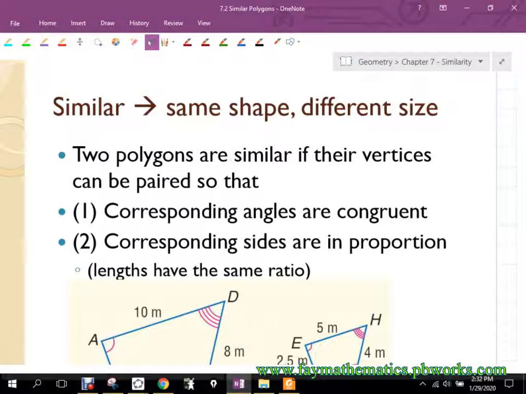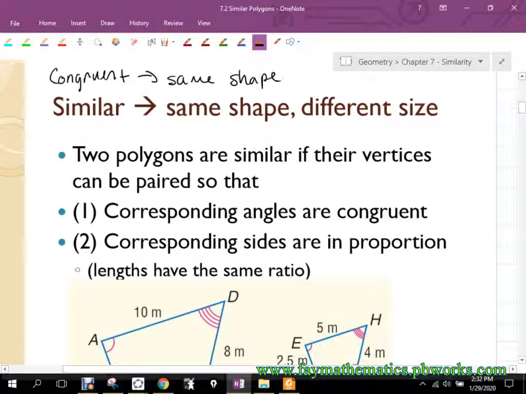Does that make sense? So our definition, if you remember what it meant for things to be congruent, I'll write this definition up here. You don't have to write this, but congruent, the definition we introduced there was same shape, same size.